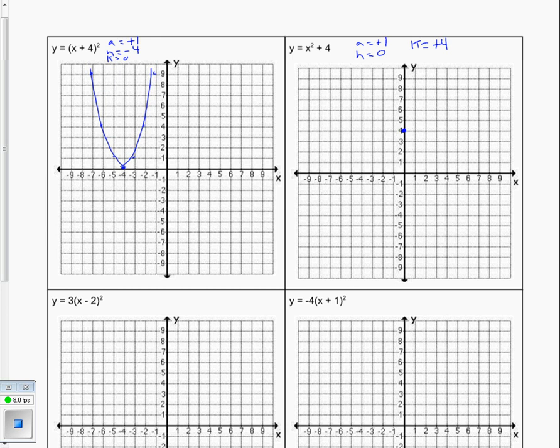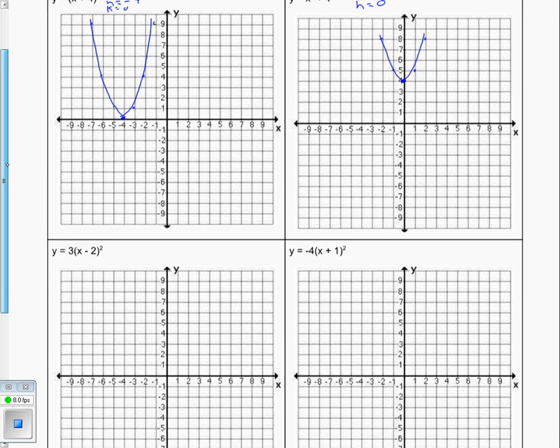And then because the a value is plus 1, it opens up. And because it's 1, there's no change in the shape of the parabola. So our original step pattern applies. So over 1, up 1, over 2, up 3. Okay, and then we can extend it up.